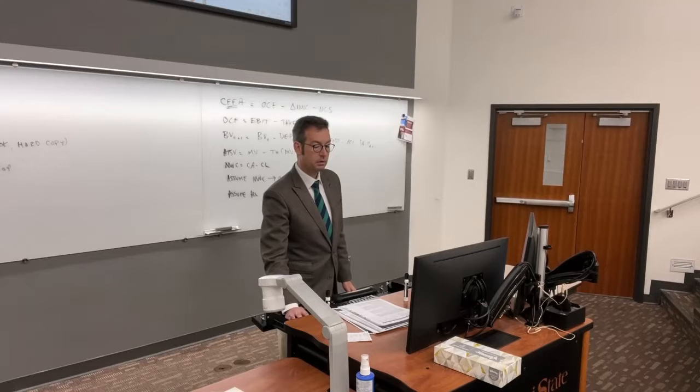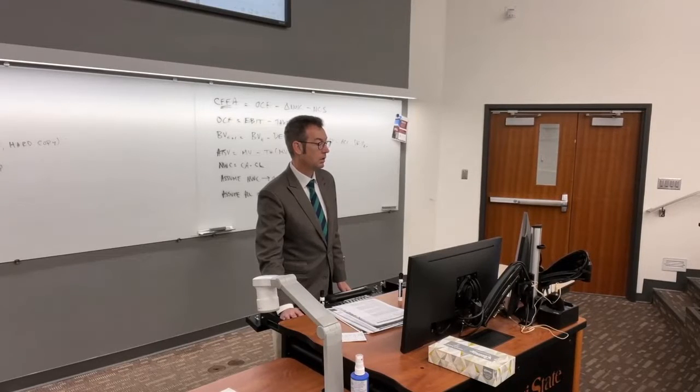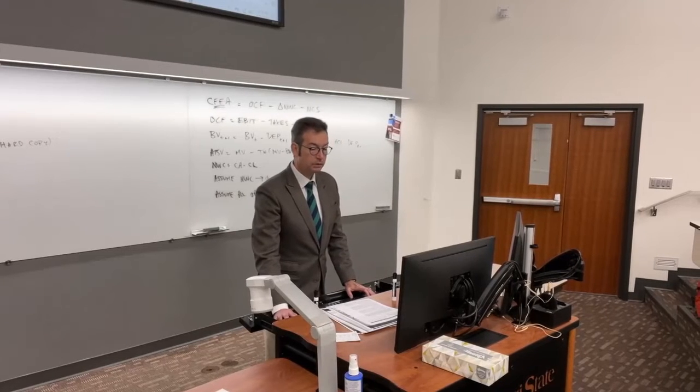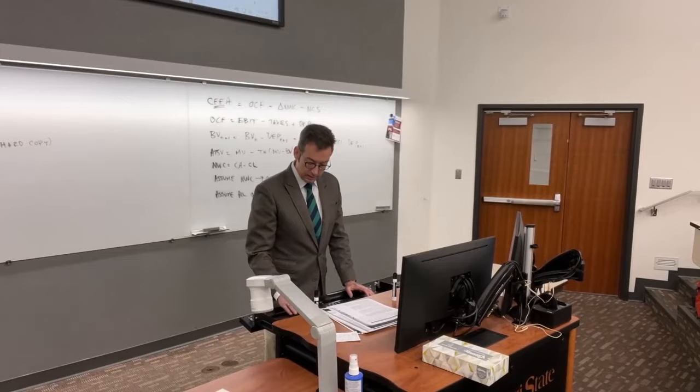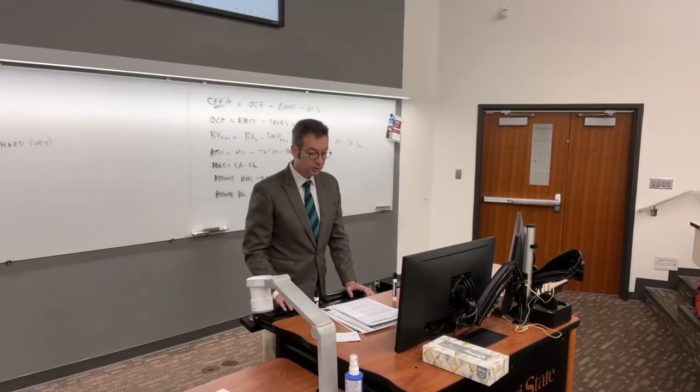Chapter 7. Aha, here we go. The cash flows are negative 100, positive 230, and minus 132.